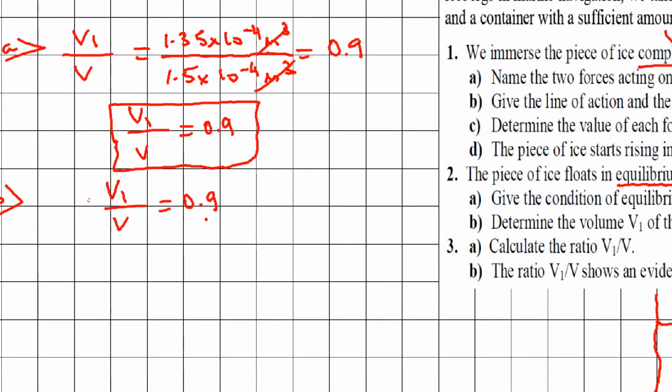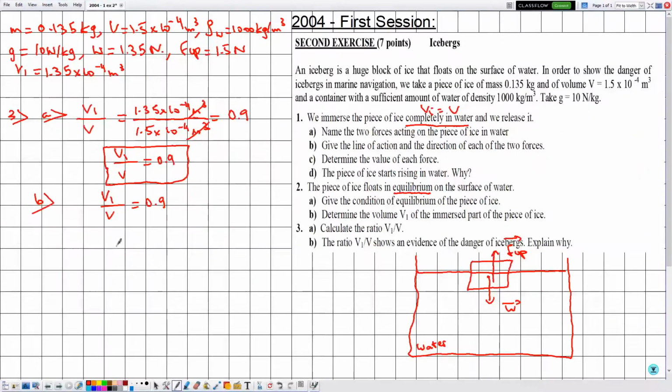Here 0.9 is not divided by anything, which means it's divided by 1. So V1 divided by V is equal to 0.9 divided by 1. Now if we cross multiply, V1 multiplied by 1 is equal to 0.9 multiplied by V. So V1 is equal to 0.9 V.